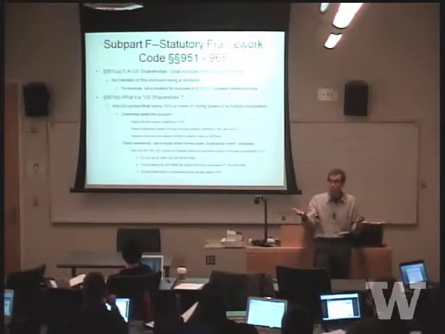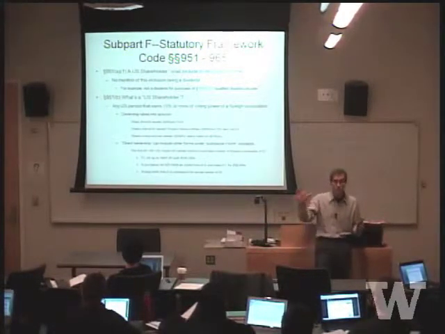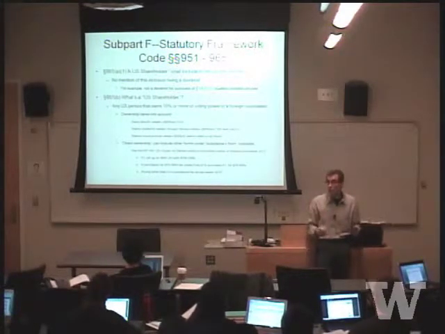Now, of course, subpart F, if it happens to be this tax haven type of income, will force current taxation on him anyway. But if it's not tax haven income, then he can achieve some deferral.